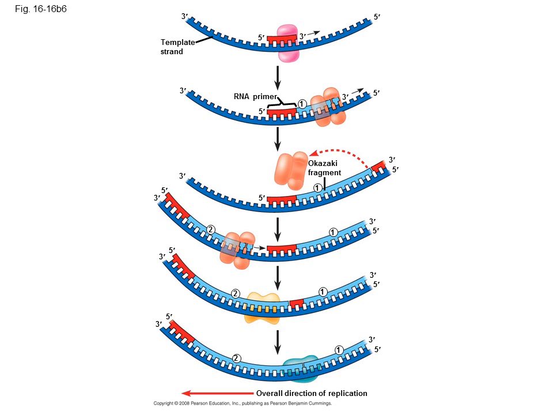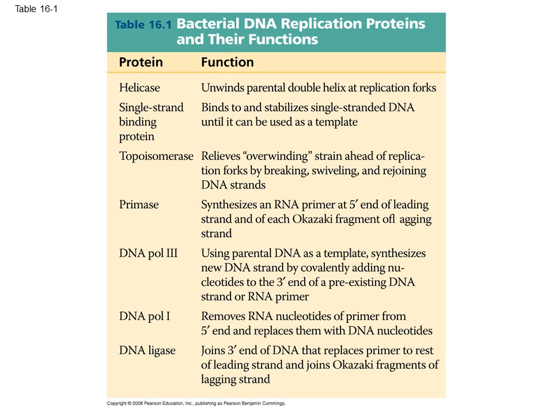Then, farther to the left, the direction that replication is moving, a new primer is built and a new Okazaki fragment is built until it reaches the previous primer. At that point, the RNA of the primer is replaced by DNA, and the 2 DNA strands are eventually joined together by ligase to form one single new daughter strand.